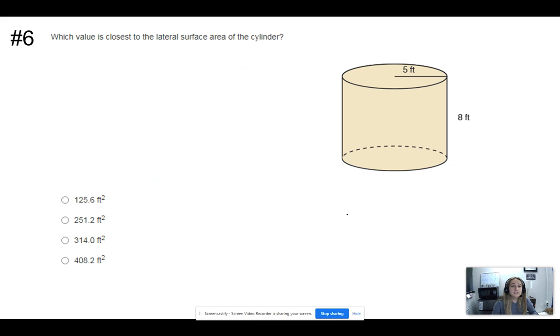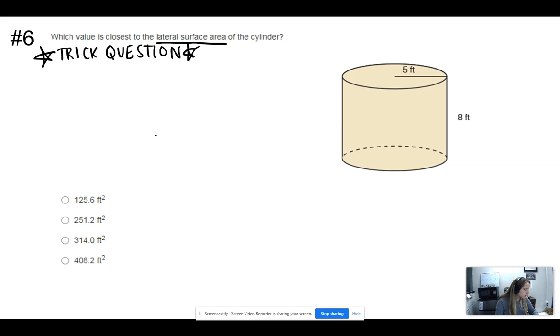Okay, which value is closest to the lateral surface area of the cylinder? Read this question carefully. It says the lateral surface area of the cylinder. Okay, go ahead, pick your answer. Okay, so this is a trick question, okay? You want to make sure that you read this and thought, oh, they don't want the full surface area of the cylinder. They just want the lateral surface area.